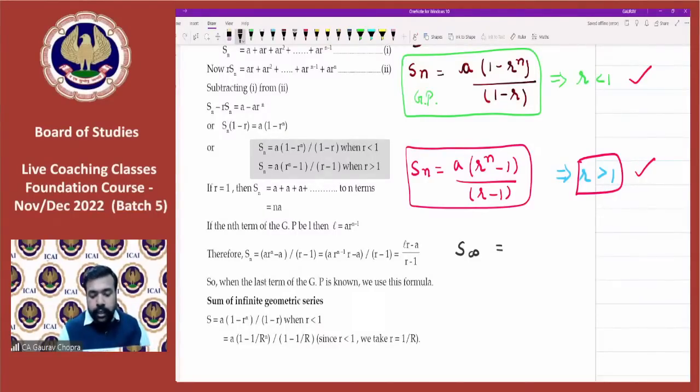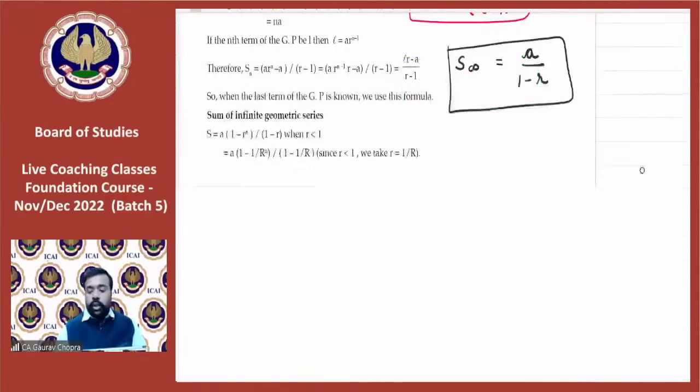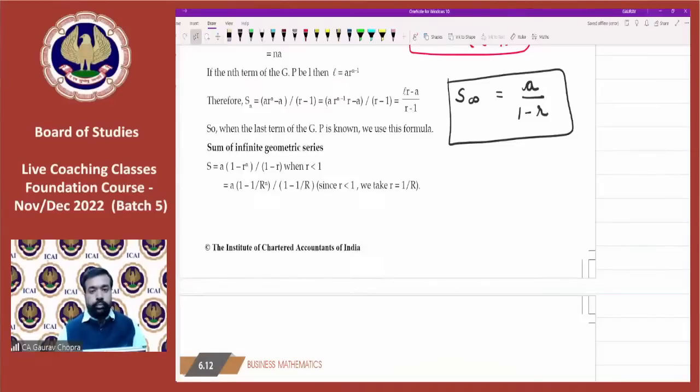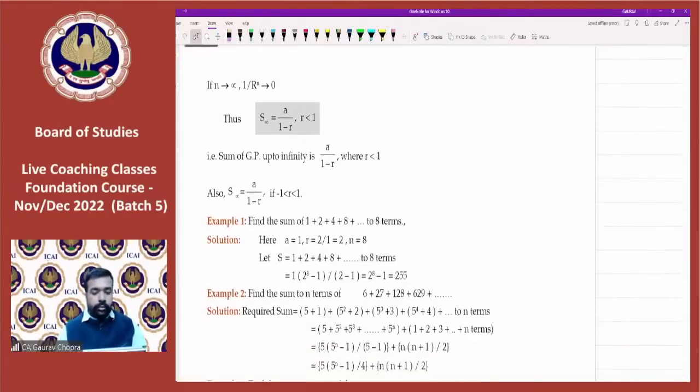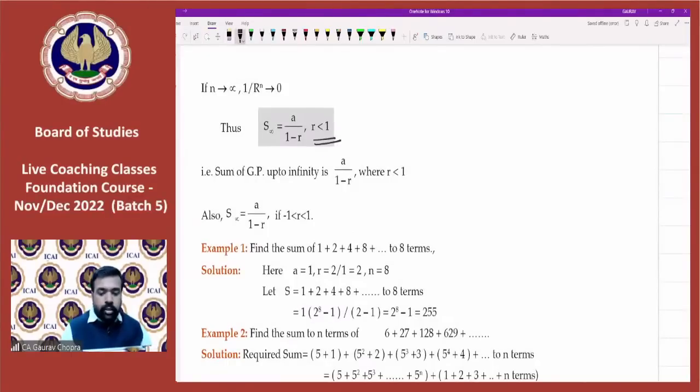It is simply A upon 1 minus R. This formula is to be used to calculate the sum of geometric progression up to infinity. A is the first term, R is the common ratio. So these are the three formulas to calculate sum. All right. And also, of course, here the R should be less than 1.